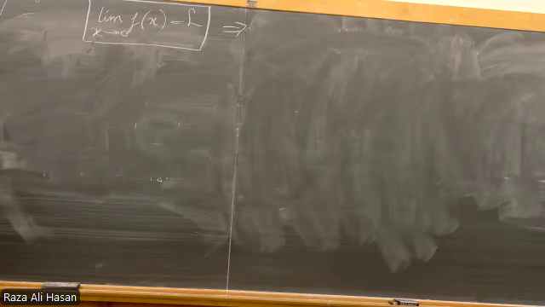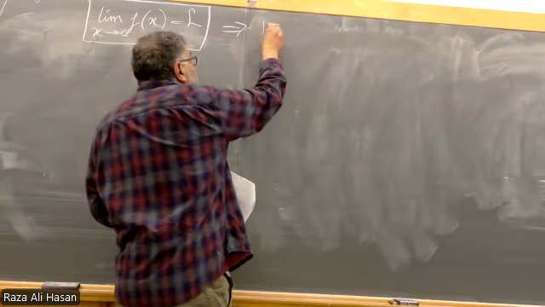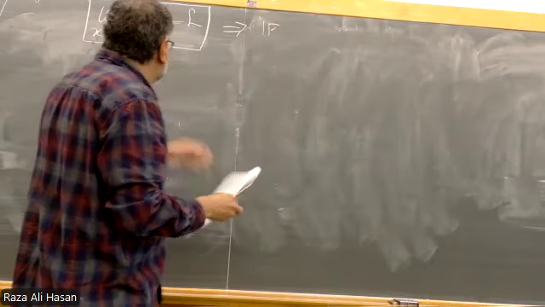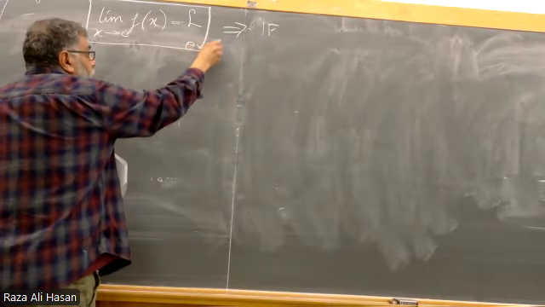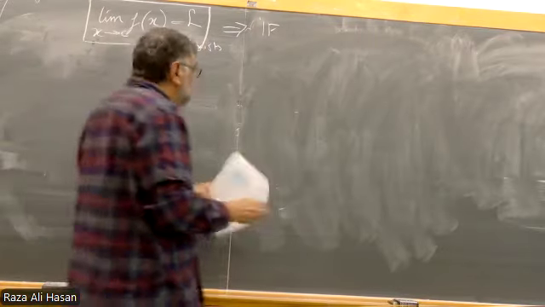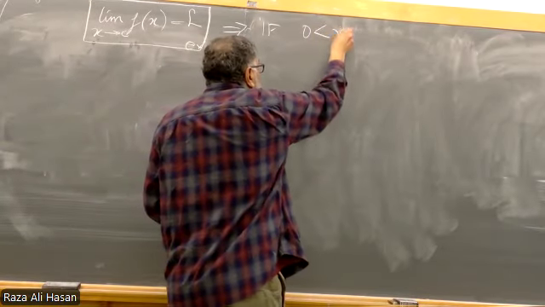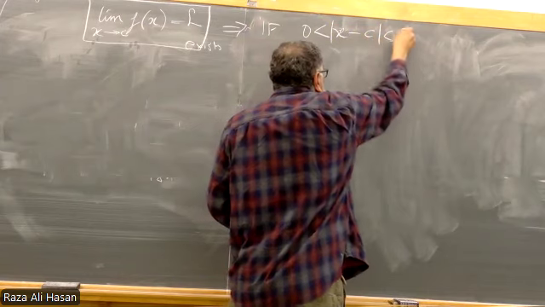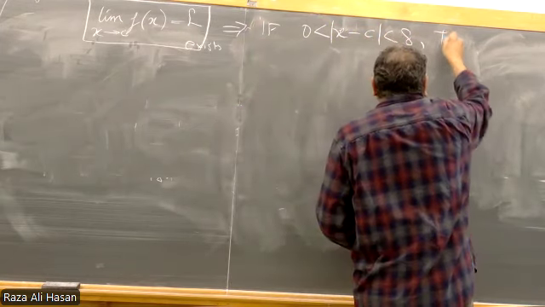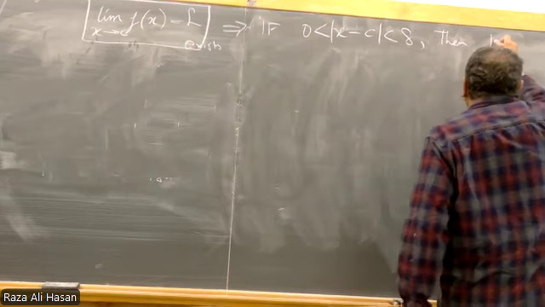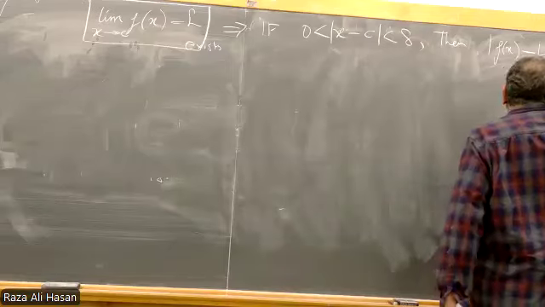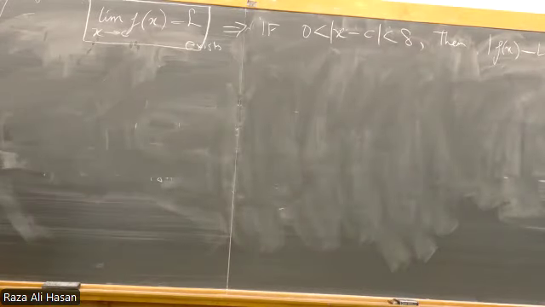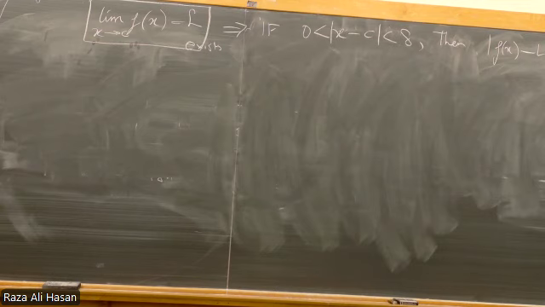And the equivalent statement says if this exists, if what exists here, if, and correct me if I make a mistake, then, okay, so all right, so how do we show it pictorially?